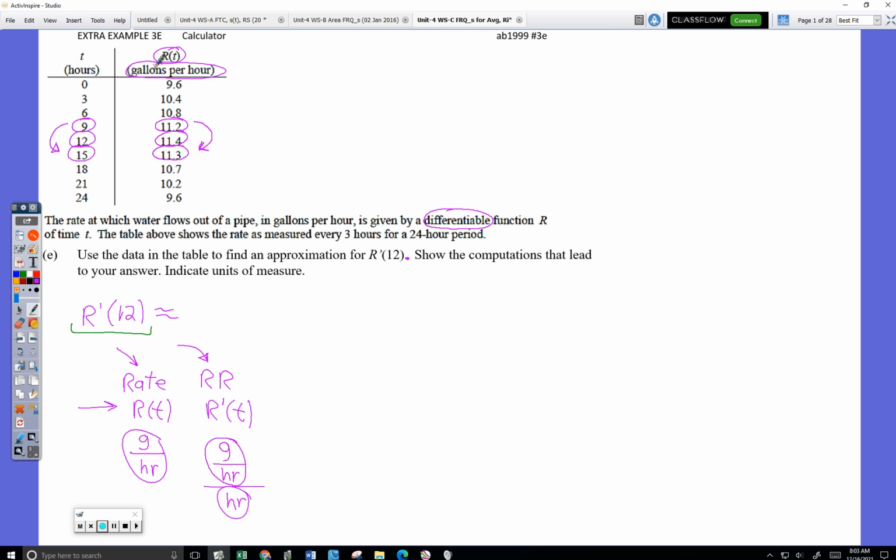Brooke found that by subtracting. She took 11.3, subtract 11.2. 2 points for Brooke, one if your hand was raised. Okay, that change in the gallons per hour occurred over a 6-hour time period.